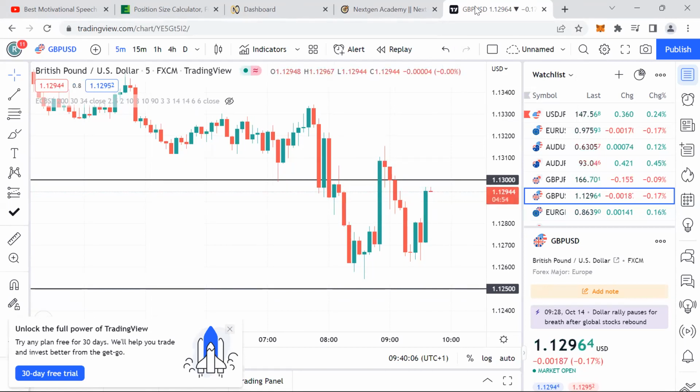So if we want to mark a support or resistance, how do we do it? You can actually use these psychological levels as your support and resistance. It's one way you can use it.